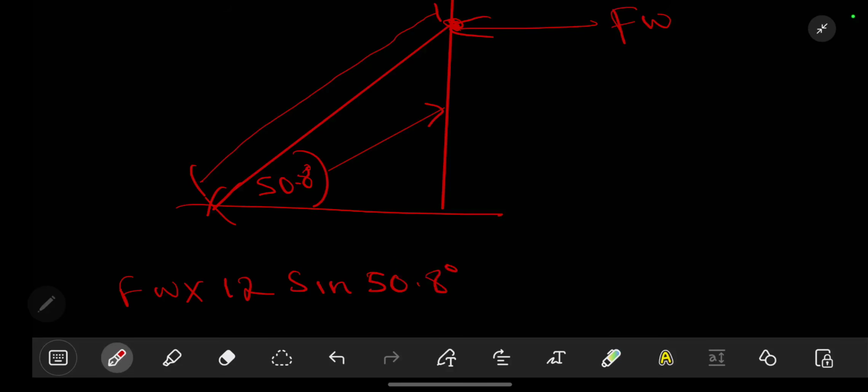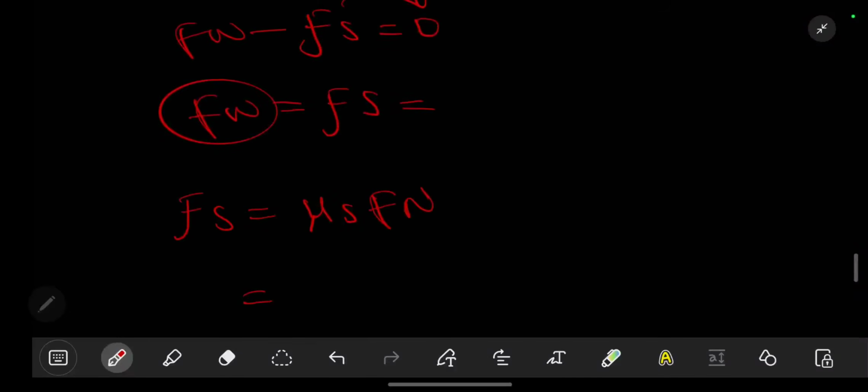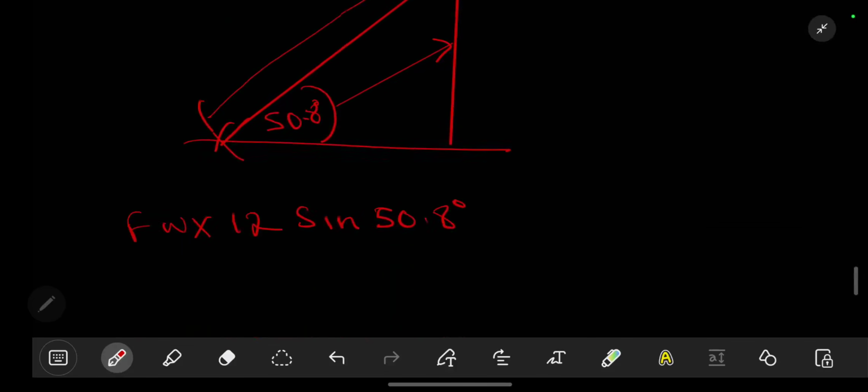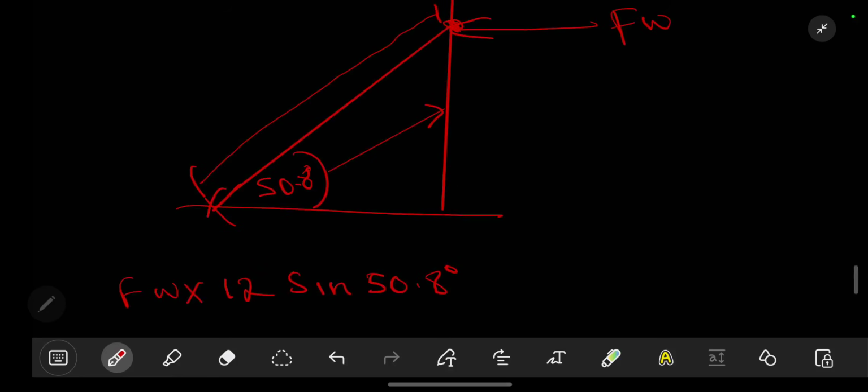Now if you press 12 times sine of 50.8, this is going to give you 9.3, which is the distance that they actually gave us. So we have 9.3. You can say 12 sine of 50.8, or you can just go direct if you know the distance, because that is an indirect way of finding the distance.